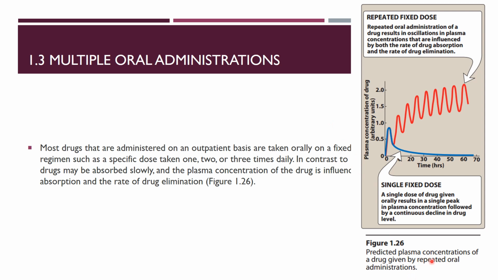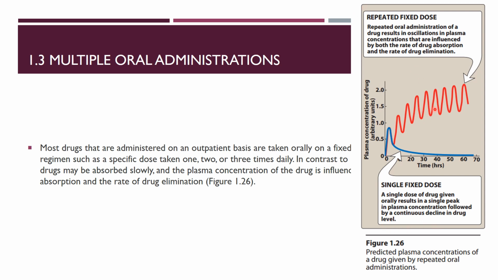Here, predicted plasma concentration of a drug given by repeated oral administration. The blue line is a single fixed dose. A single dose of drug given orally results in a single peak in plasma concentration followed by a continuous decline in drug level.